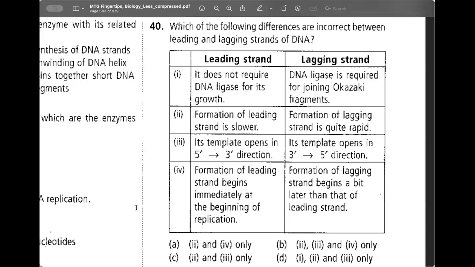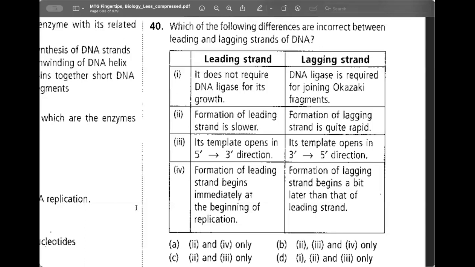If the template opens in 5 prime to 3 prime direction, then the newly forming strand has to be in 3 prime to 5 prime direction. And if that is the case, it cannot be the leading strand because 3 prime to 5 prime is not the direction of polymerase. Don't you think so? So I didn't get this one.